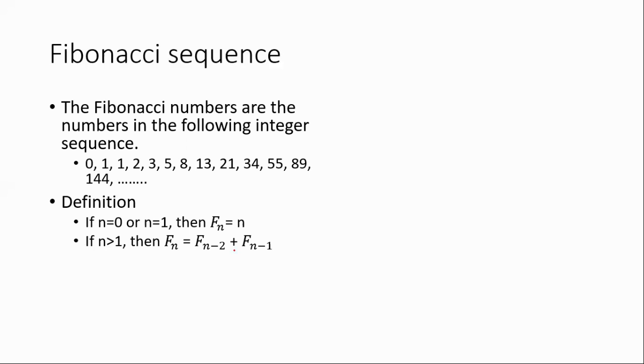For an example, let's say I want to compute the third Fibonacci number. As I told you, I'm just labeling it as 0, 1, 2, 3. So 3 should be what? It should be 2 we should get.